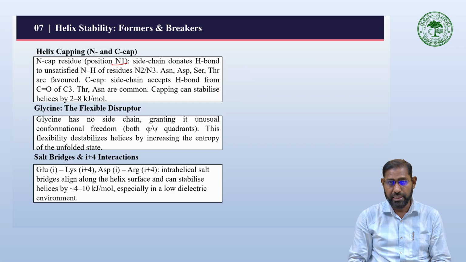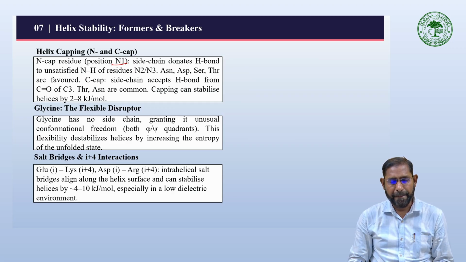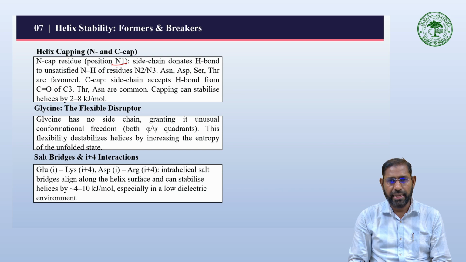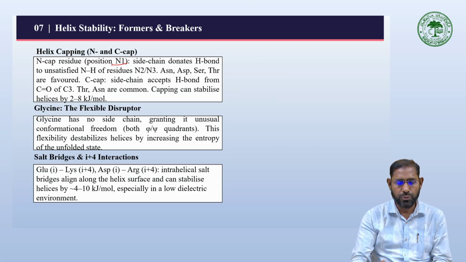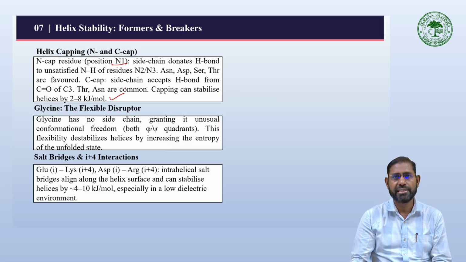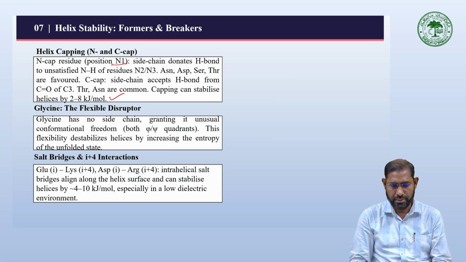In the C cap, side chain acceptors form an H bond with the CO at C3. Threonine and asparagine are common, and capping can stabilize the helix by 2 to 8 kilojoule per mole.